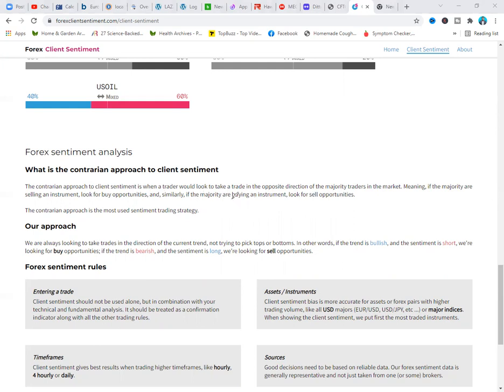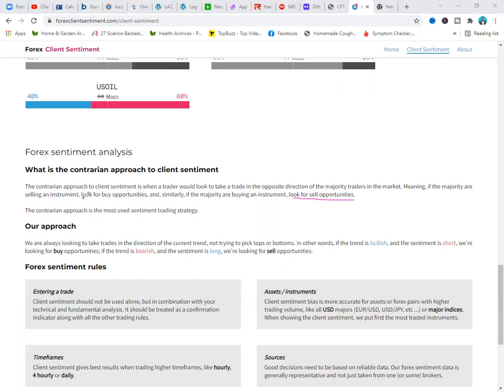So if the majority are buying an instrument, look for sell opportunities. I like that word, sell opportunities. So it means you need to have an extra tool somewhere that will tell you that, okay, this is an opportunity to sell. You don't just say the majority are buying, so you are selling. No, you look for sell opportunities.